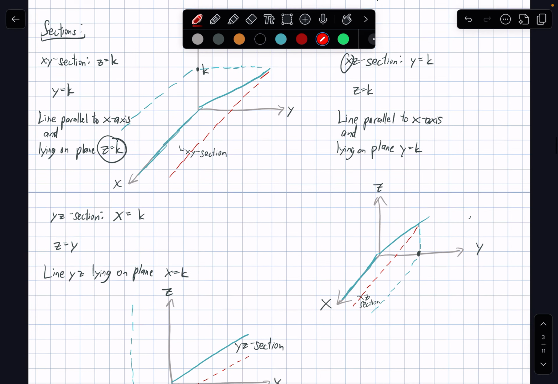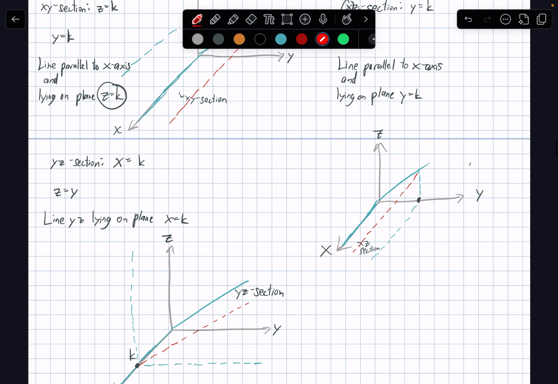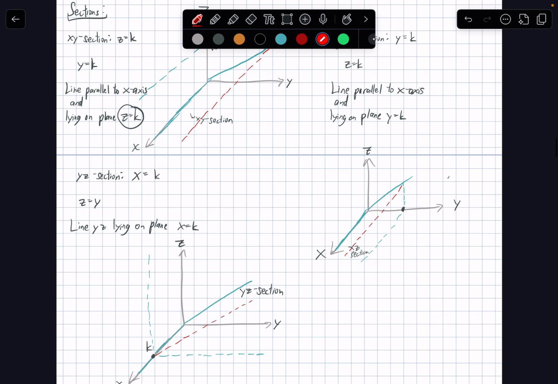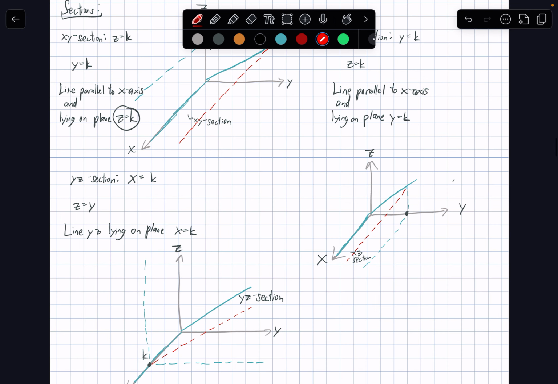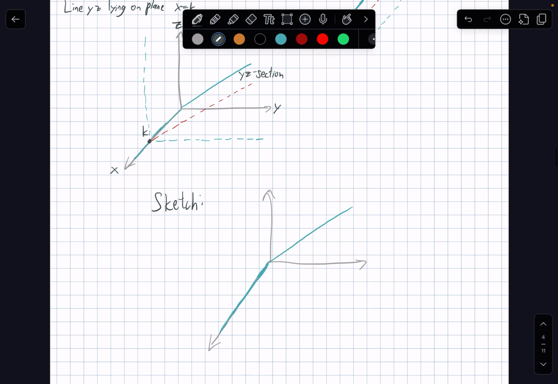I believe it's a combination. Yeah, it is a combination. Which sections, to be specific? XY and YZ. We're not going to use this, but we still show it to merit complete points as much as possible.